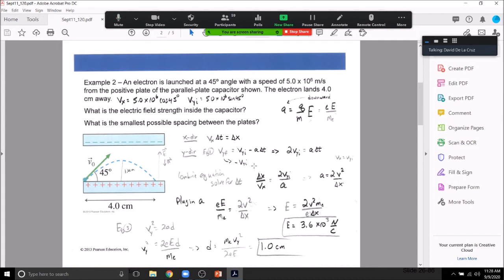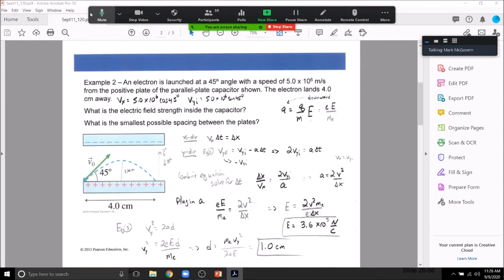Oh, okay, thank you. If it actually hits the plate, that's a whole other problem. We'd have to know something about the interaction there, the recoil speed, maybe the amount of time it was in contact, so we have an impulse problem to do. It's interesting, but beyond the scope of what we want to do right now.